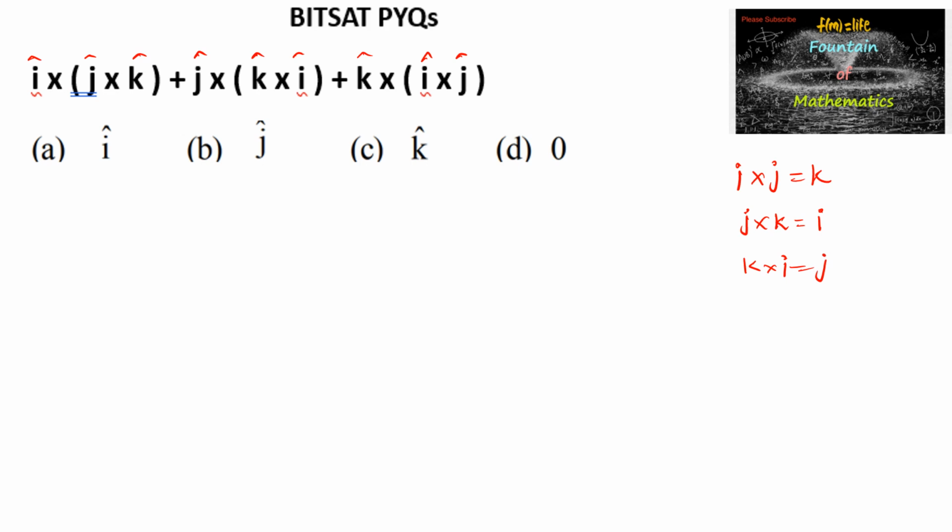So here we can write j cross k is i, so i cross i plus k cross i is j, so j cross j, and i cross j is k, so k cross k. So i cross i is nothing but 0, and j cross j is 0, and k cross k is 0.